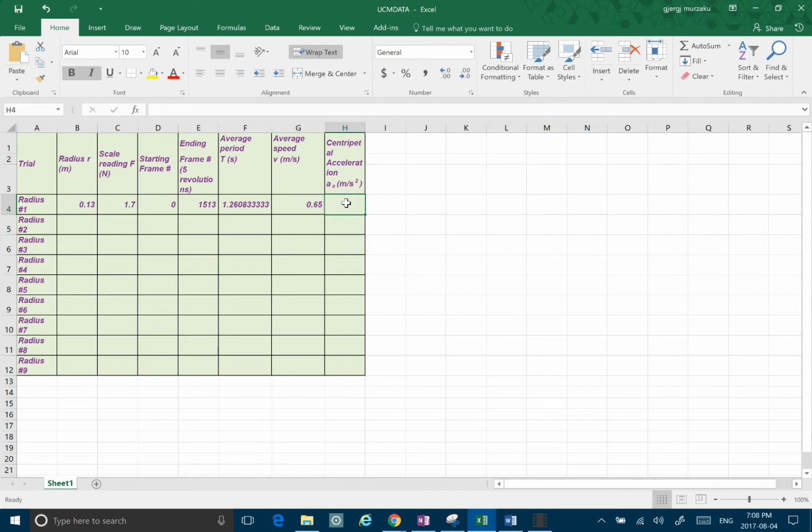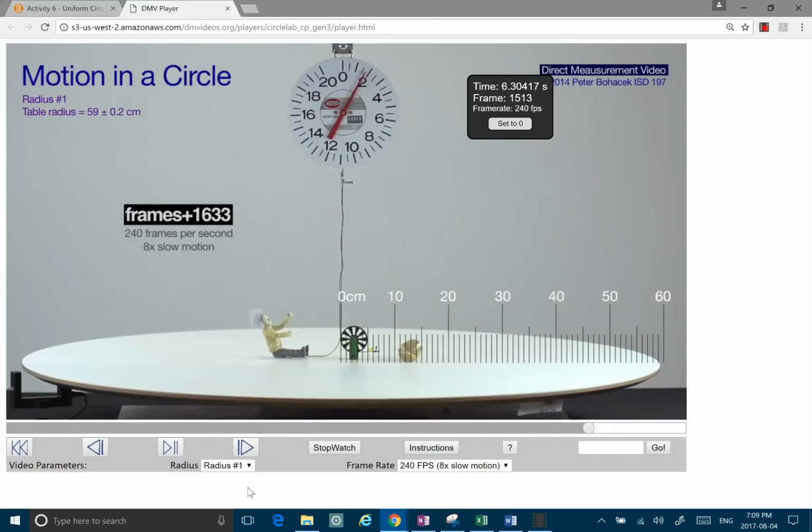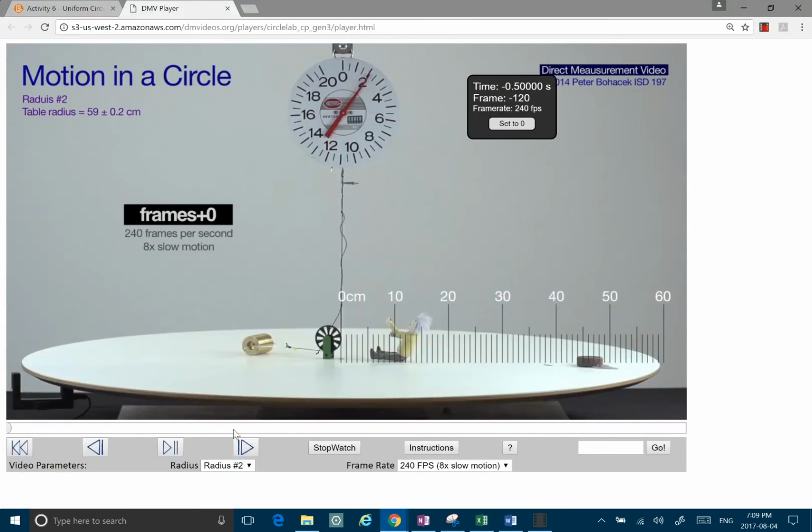Now we can find the acceleration, which is velocity squared divided by the radius. All right, so the acceleration is 3.25 meters per second squared. And that is how you're going to fill all the rest of the table. So for the next one, you're going to go to radius 2, and then you're going to repeat that process all over again. All right.